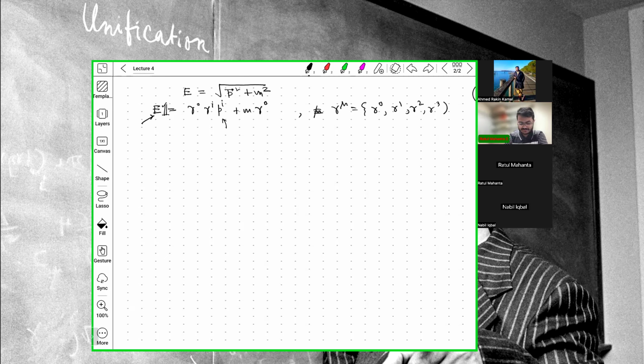Why are matrices needed? Because we are essentially taking the square root. And we will see now that if we square it, we will get E squared times identity. And on this side, we will eventually get terms with gamma 0, gamma j.